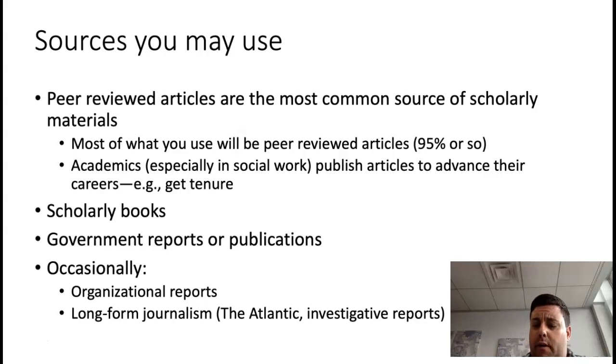Academics in social work, myself included, we publish articles in order to advance our career, and that's really in order to get tenure. So quick aside, someone has tenure based on their title. An assistant professor is a new professor. He or she does not have tenure. When an assistant professor is promoted to associate professor, then they have tenure.